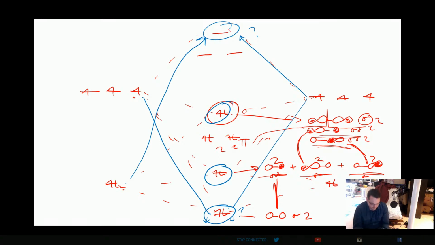But no, I think I get what your question is. Why is it only this one and this one that are being affected? The reason is that those are the ones that lie in between the s and the p orbitals, and so they have the most mixing from those orbitals with each other.